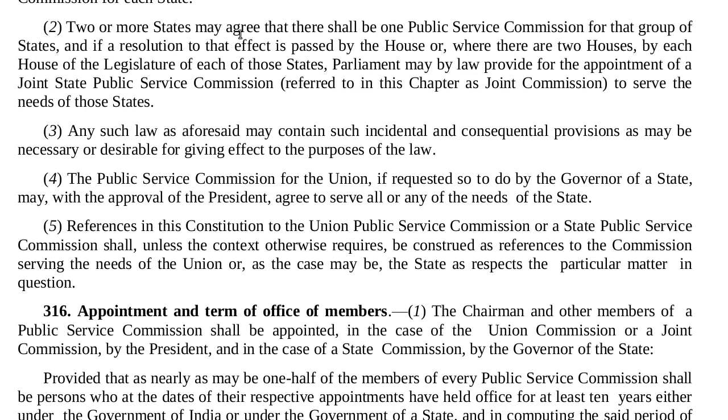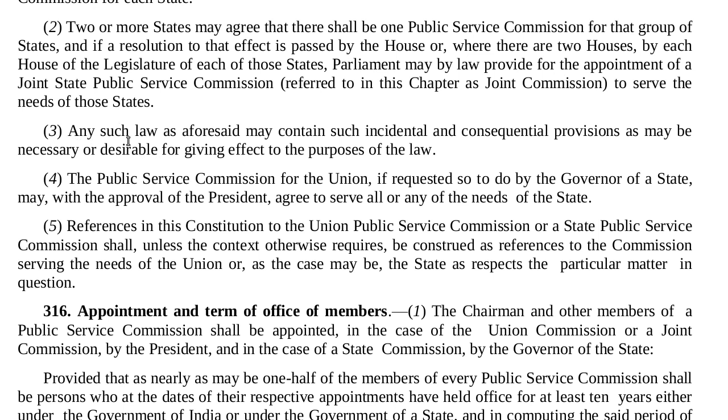Two or more states may agree that there shall be one Public Service Commission for that group of states, and if a resolution to that effect is passed by the House, or where there are two houses, by each house of the legislature of each of those states, Parliament may by law provide for the appointment of a joint State Public Service Commission, referred to in this chapter as Joint Commission, to serve the needs of those states.